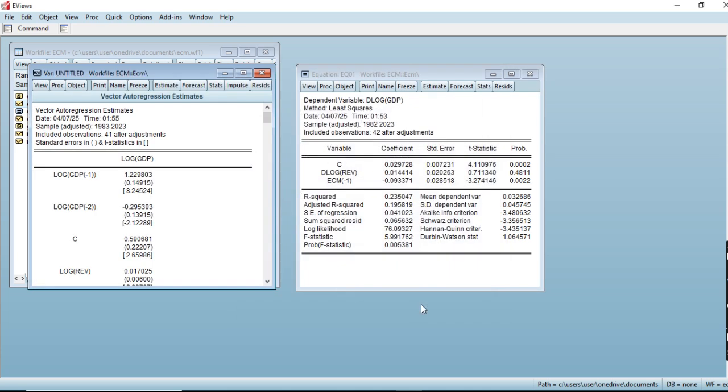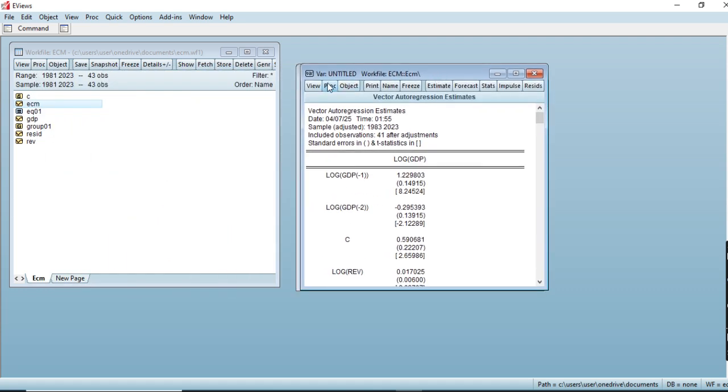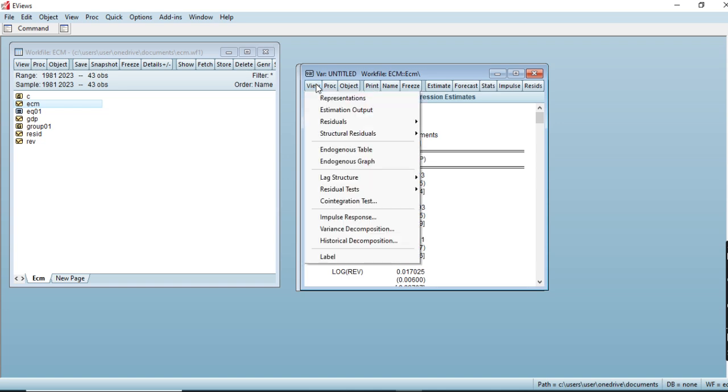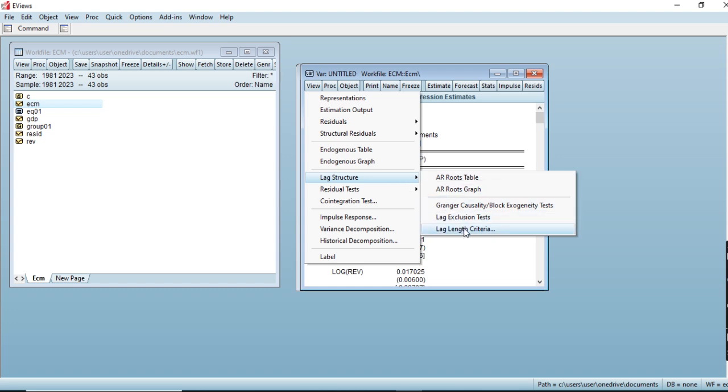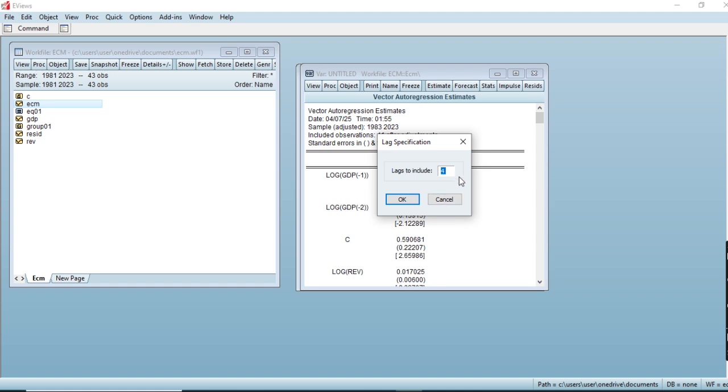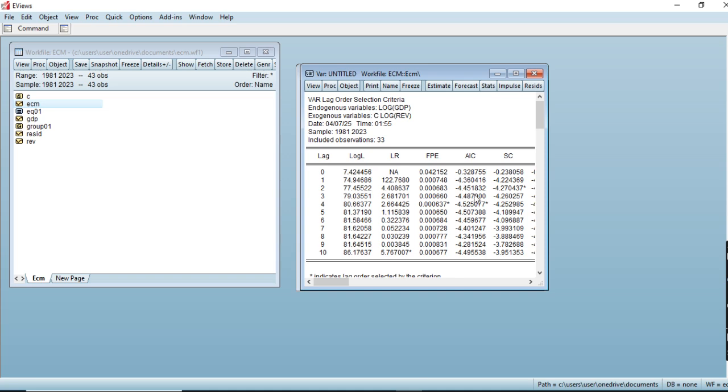Click OK. Now this is a VAR equation. Let us click on View to go to lag structure, and then click on lag length criteria. Let me use 10 to give us more options. Okay, good. Now this is the lag length criteria.